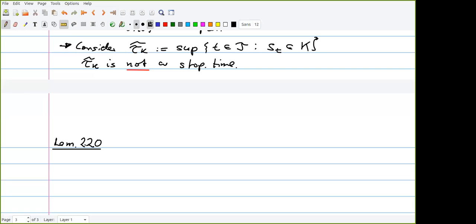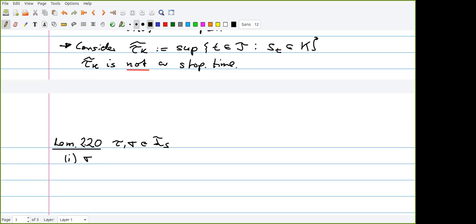This is part of Lemma 2.20. So let us take two stopping times, tau and sigma. And here, the index set does not need to be countable, so it can be a general index set. And then we take two stopping times. And what do we have?